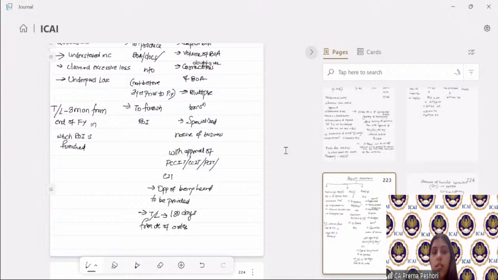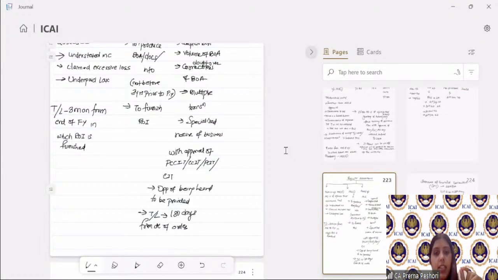Now, if the CA has given certain evidence in the audit, then the opportunity of being heard should be given to the assessee on the basis of the material gathered under the audit, which will be used for the purpose of assessment. Is that clear?